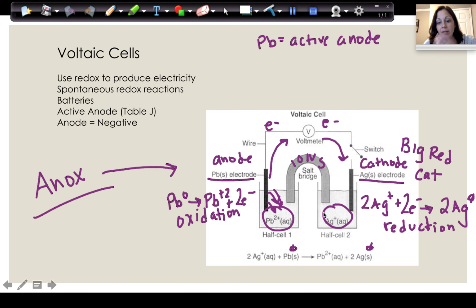Here the Ag+ ions are joining with the electrons to make more silver, and so my cathode gets bigger because as the electrons travel there, the ions plate onto it. So this is actually able to be used as a battery. It generates electricity because the redox reaction is spontaneous and produces electricity. So in all of your batteries, you have a redox reaction happening.